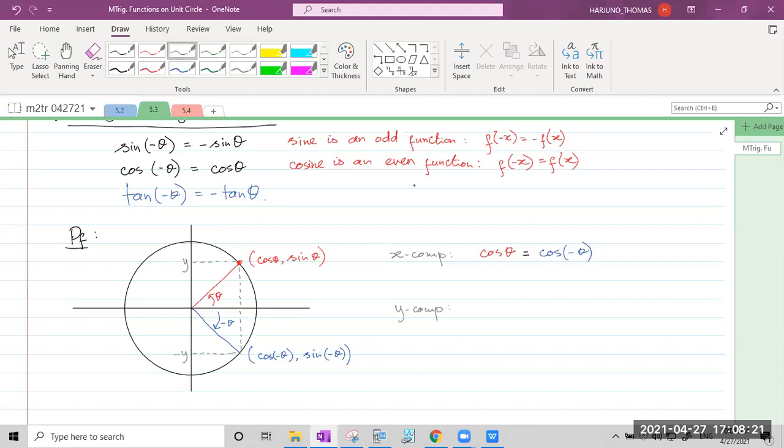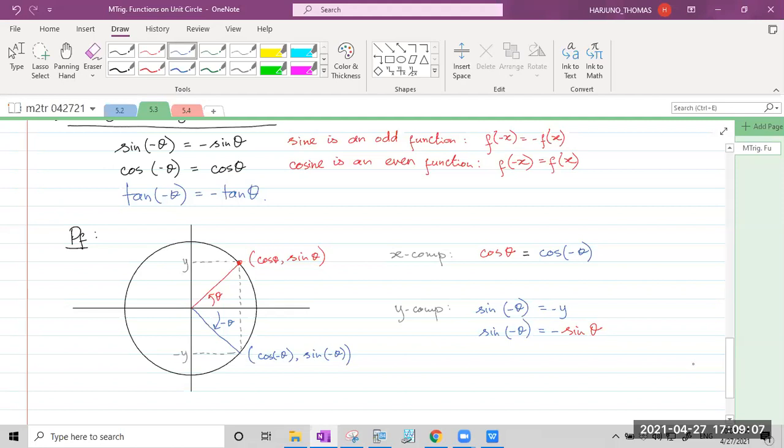In other words, sine negative theta equals negative y, which is negative of sine theta. Okay, cosine negative theta equals cosine theta, while sine negative theta is negative of sine theta.